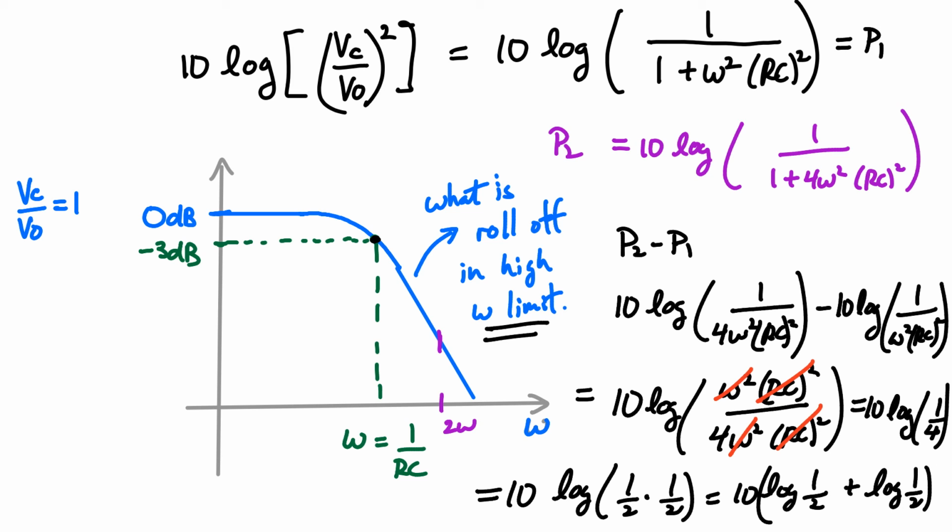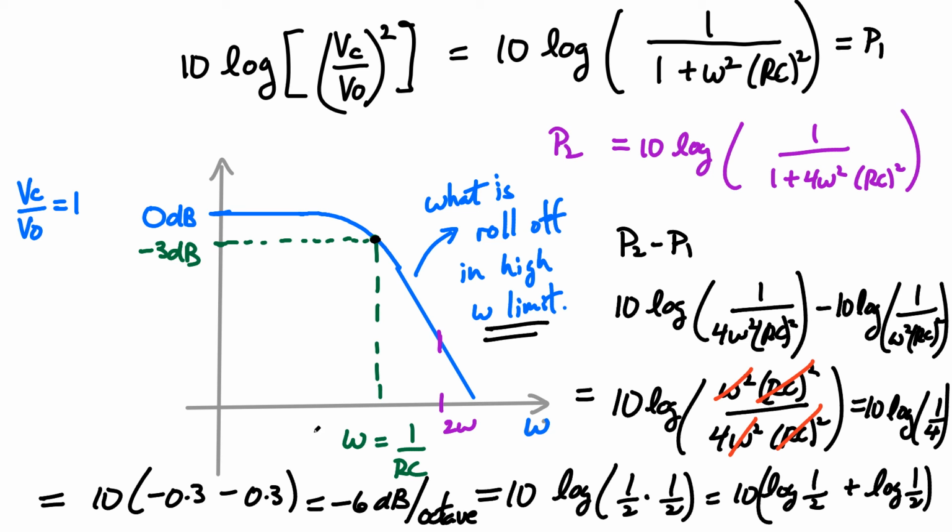And the nice thing is, log of 1/2 is minus 0.3. So you get 10 times minus 0.3, and again minus 0.3. I could have done that in the calculator, I guess. That gives me minus 6 dB, and what we call this is an octave, every time you double that frequency. So that is really what the roll-off is here.